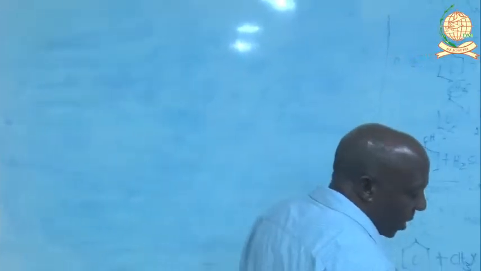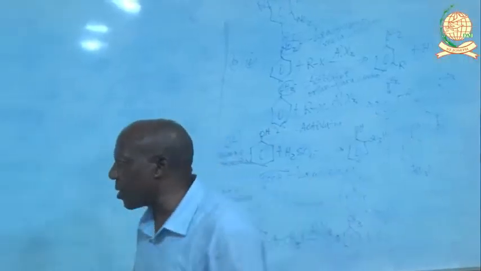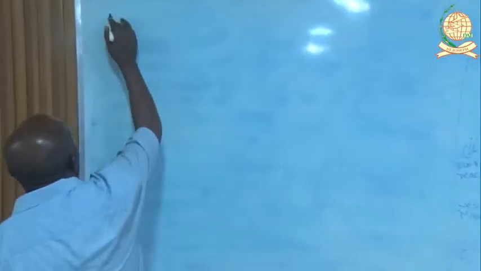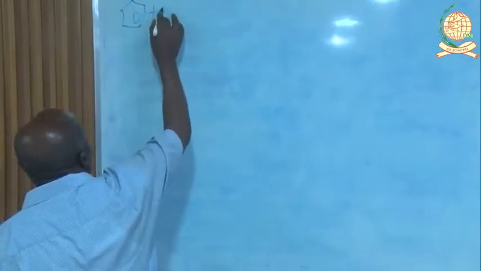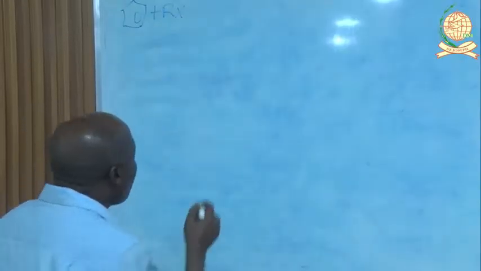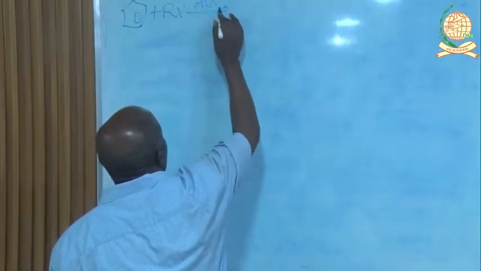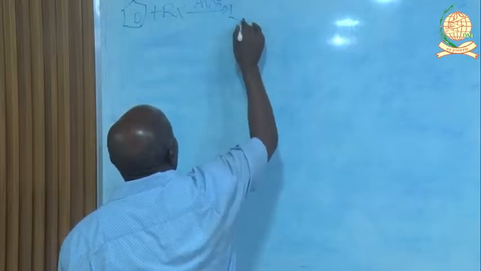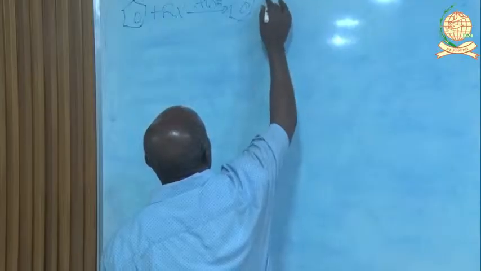Then the second one is the formation of benzoic acid, but the starting material must be the benzene ring. So the first step is alkylation of benzene with an alkyl halide. Here we have a Lewis acid, aluminum halide, then we get an alkyl benzene.